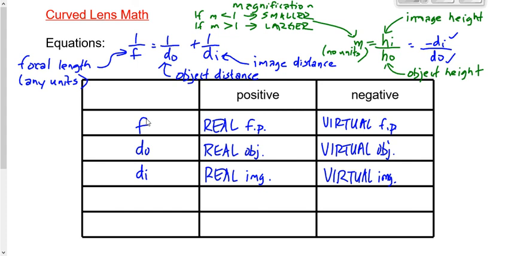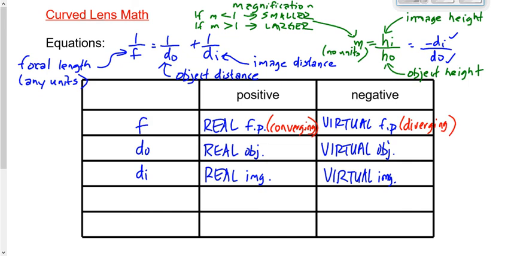We will have a real focal point, a positive focal length, if we have a converging lens, or mirror for that matter, as we'll talk about over the upcoming days. It will be a virtual focal point or a negative focal length if we have a diverging lens, or for that matter, a diverging mirror, as you'll learn over the next few days.